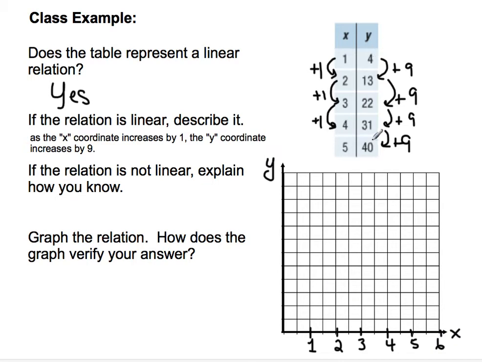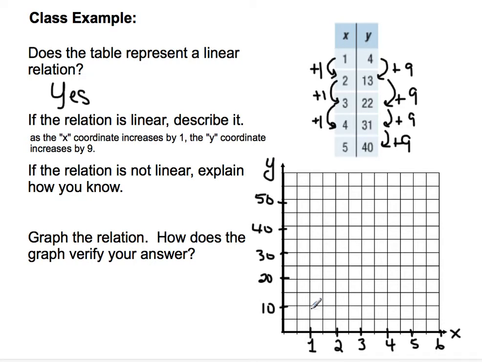We have 4 to 40 here. So let's see, if I go 5, 10, 15, 20, 25, 30, I can't do that. So I'm going to go 10, 20, 30, 40, and that should be about good.